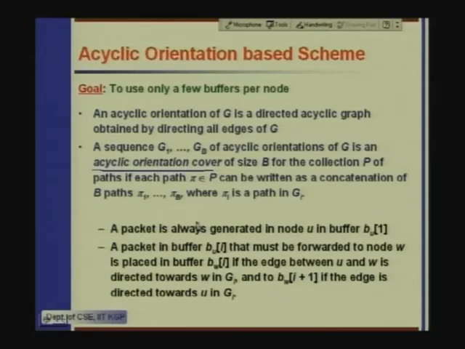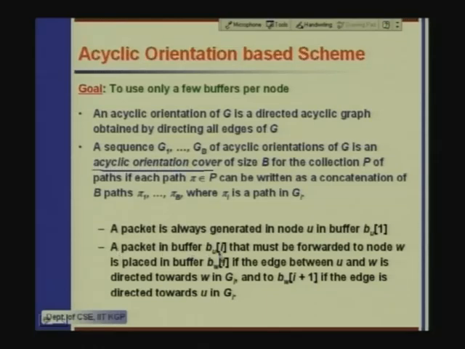Now, that is clear, I suppose. Now, a packet is always generated in node U in buffer BU1. This is how the packet switching strategy is going to work. In the first buffer, we store the newly generated packet.